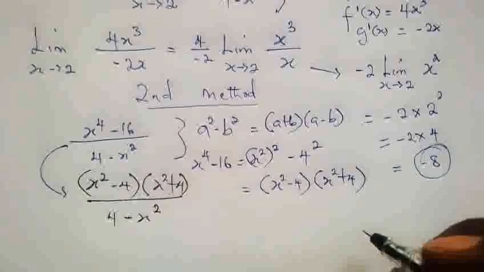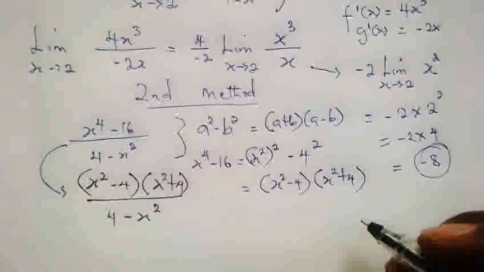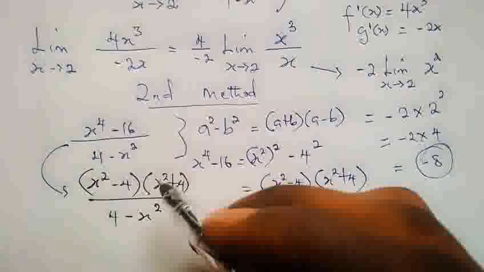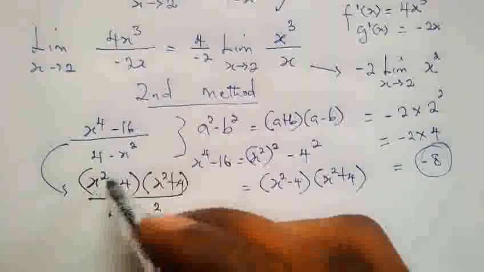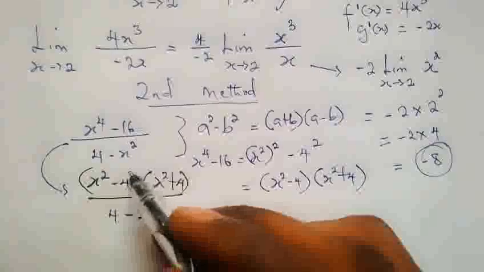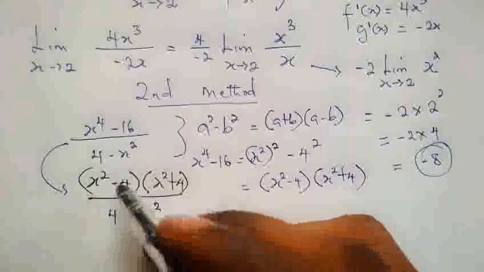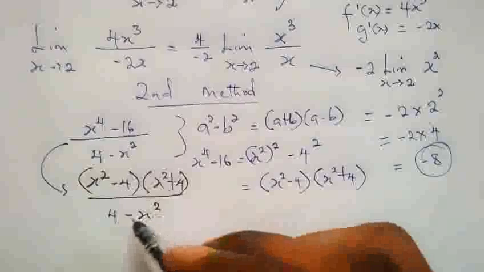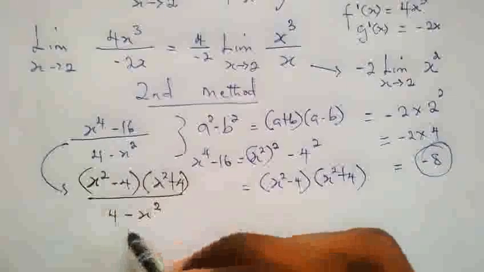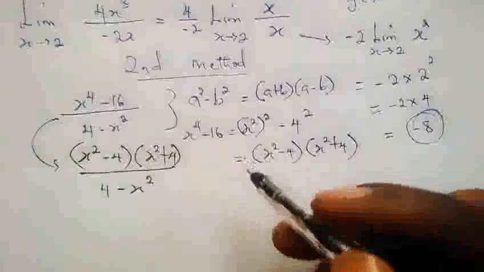We're about to do cancellation, like eliminating this denominator here. But how can we do that? Remember that here we have x squared minus 4 and here we have 4 minus x squared. I was even trying to cancel this out, but they are not the same. Only the position of the constant makes them different. See what we're going to do here.